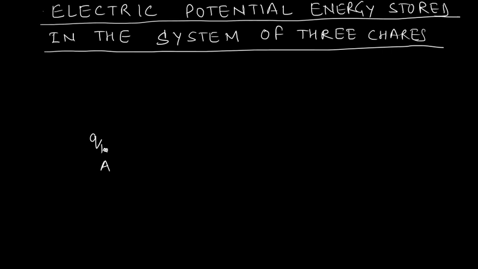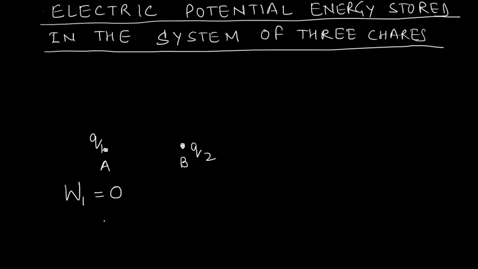And what is the amount of work done in bringing this charge Q1 from infinity? That is 0. It means the work done in bringing charge Q1 from infinity is 0 since there is no external electric field. Now, what is the work done in bringing charge Q2 from infinity to that point B?